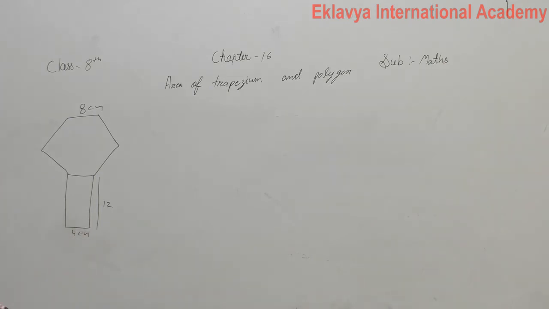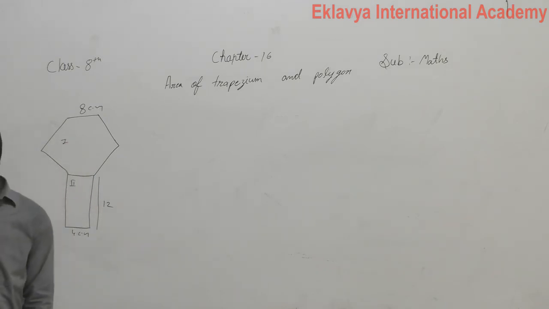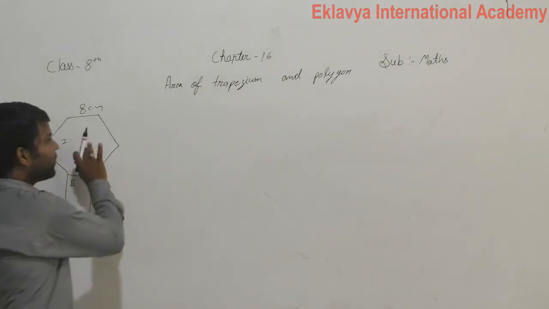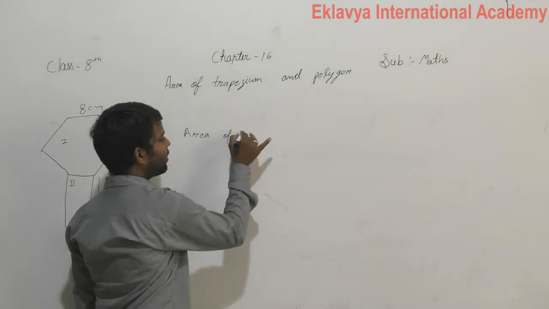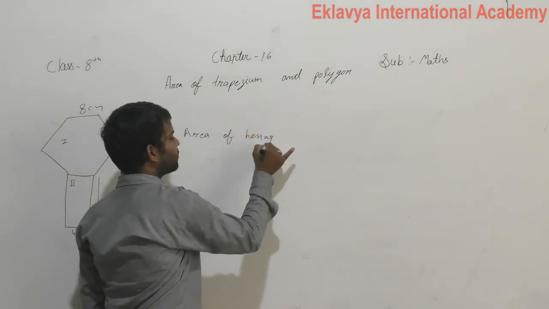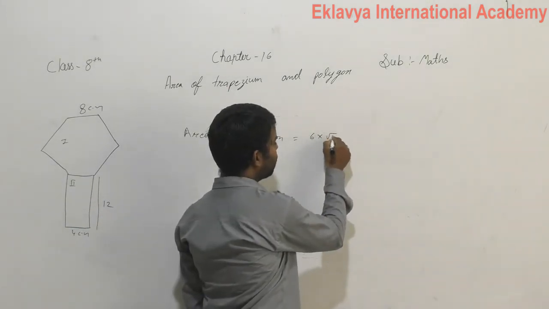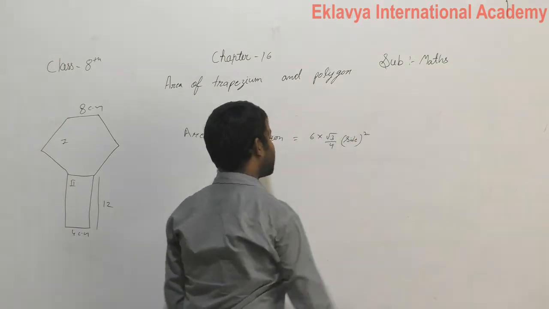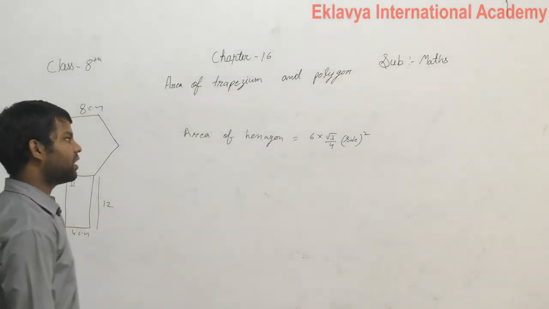So if you divide this figure into two parts, first and second part, then the first part is a hexagon. Area of hexagon is equal to 6 multiplied by under root 3 upon 4 side square. Put the value of side 8 centimeter and calculate.